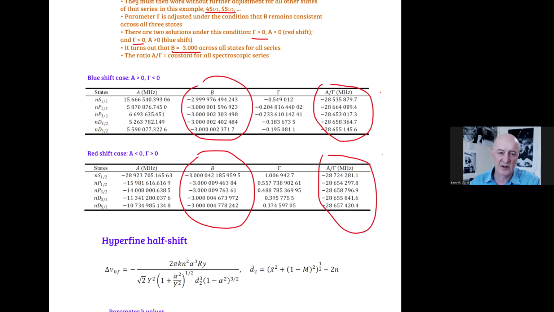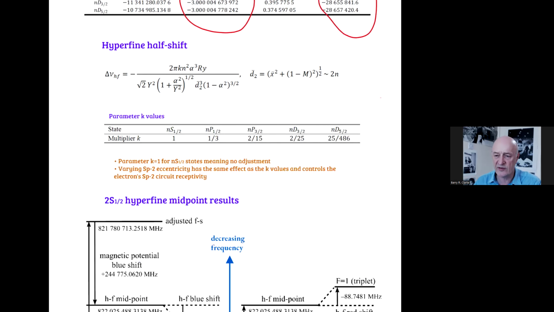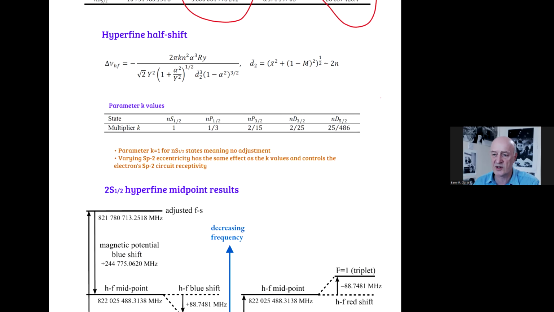We now take a look at the hyperfine half shift. This is a formula that works across all spectroscopic series. Notice there's a parameter k in here. K equals 1 for the NS half series, which means there's no adjustment at all. And then for NP half, it's a third, and so on.